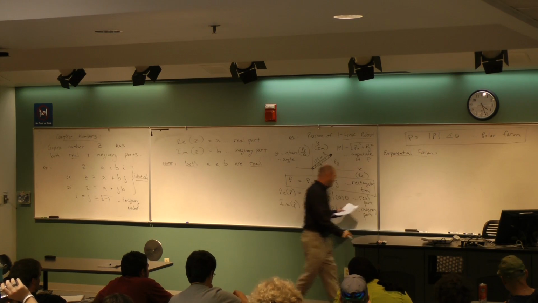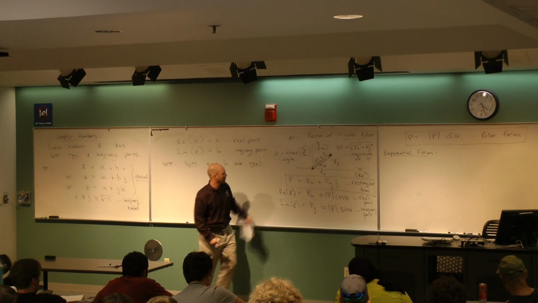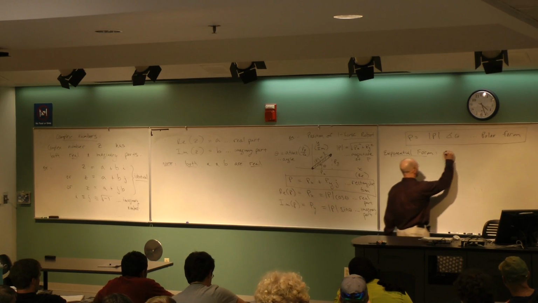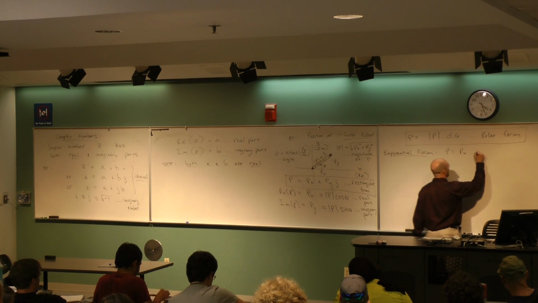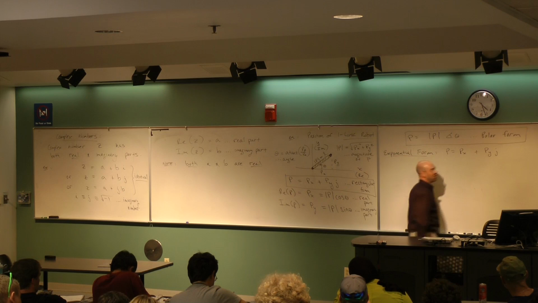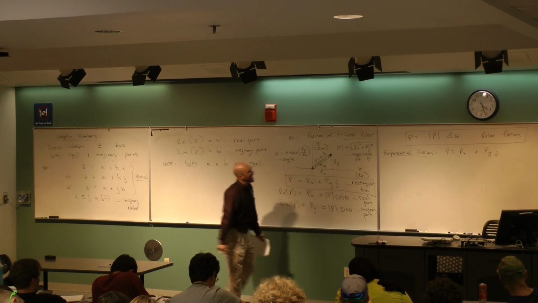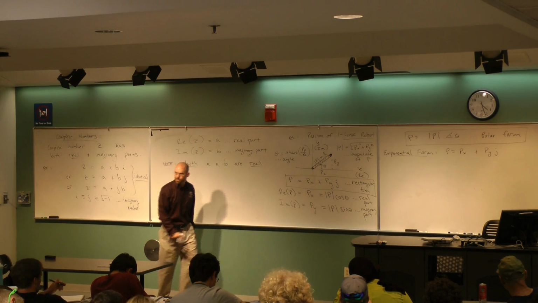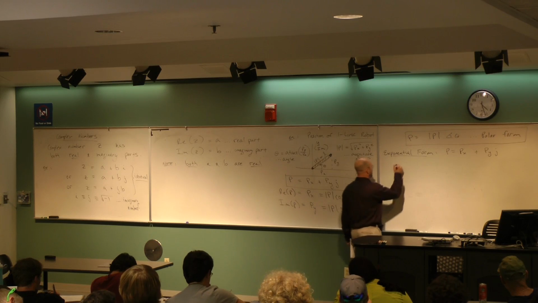If I start with the rectangular form right here, p equals px plus py times j. And I substitute in for px and py. What's px?